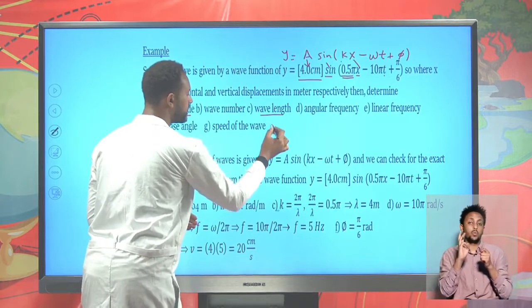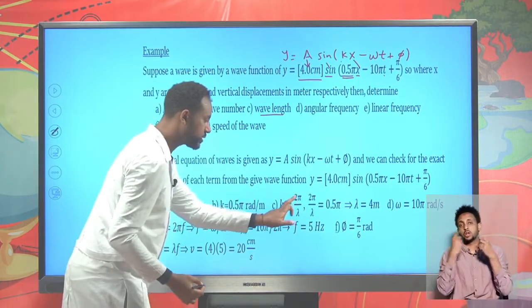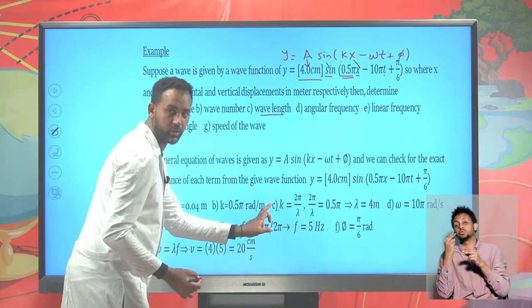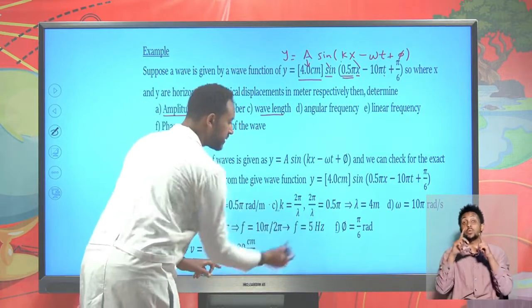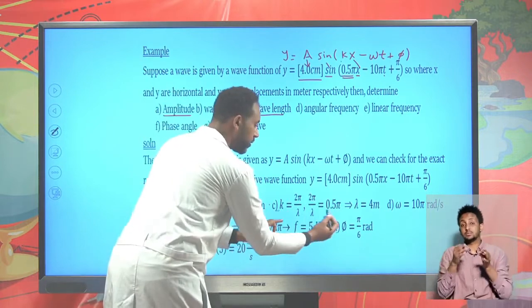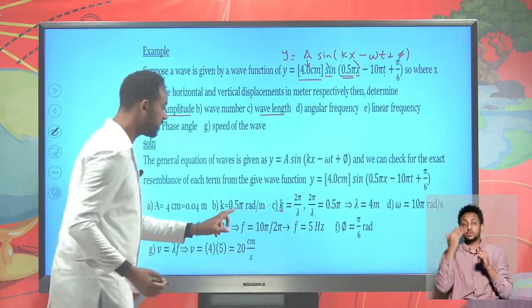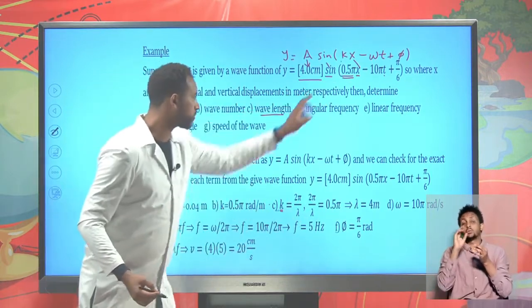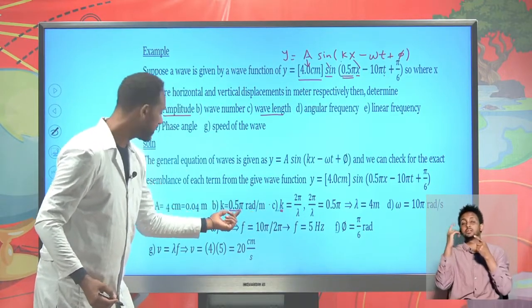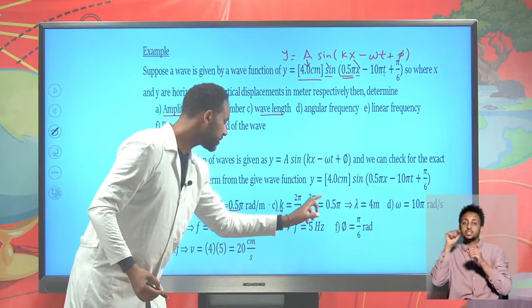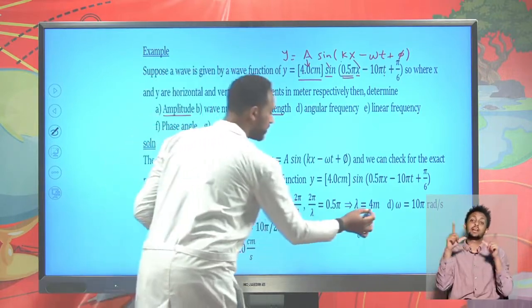To find the wavelength, you can use k equals 2 pi over lambda. Wave number equals 2 pi over wavelength. From this, the wavelength can be determined as 2 pi over, since we have already determined the propagation constant or wave constant, 0.5 pi rad per meter. You can put it here so that the wavelength is found to be 4 meter.